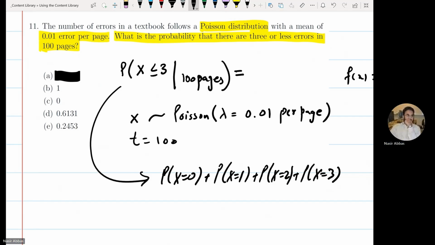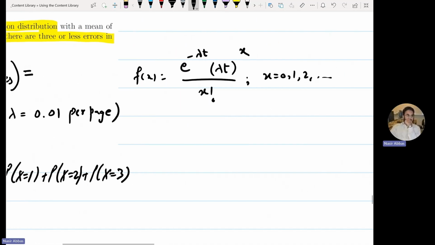A small question: can I solve this one with the complement rule? Can I solve this question with the complement rule? I cannot, because there is no upper bound of Poisson.